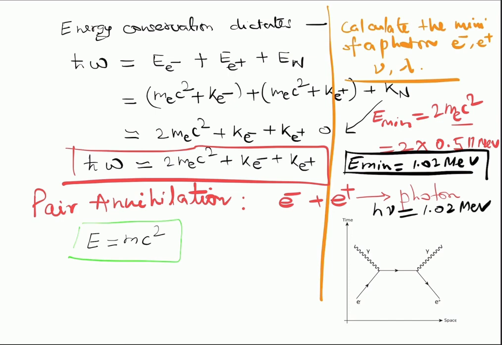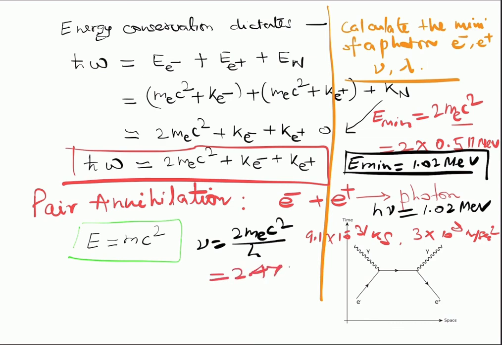So we will use nu is equal to 2 mec square by h, and after substituting the value of the mass of the electron, 9.1 into 10 to the power minus 31 kg, and the value of the speed of light, 3 into 10 to the power 8 meter per second, we get nu is equal to 2.47 into 10 to the power 20 hertz.